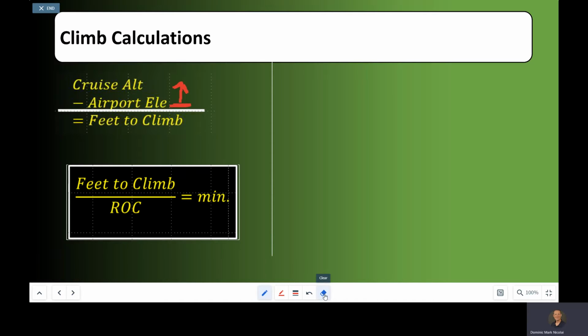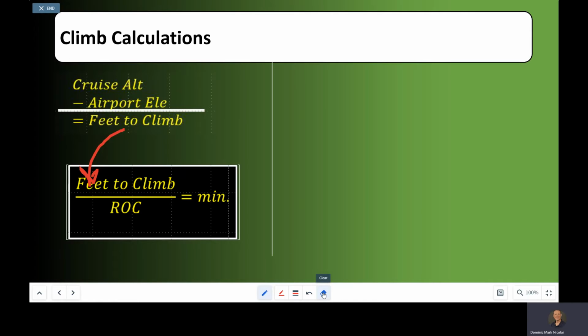The difference is the number of feet to climb. I'm not always climbing from sea level, so I have to figure out the elevation of the airport. Then we take the feet to climb divided by the rate of climb. Very simple, it gives us our minutes to climb.